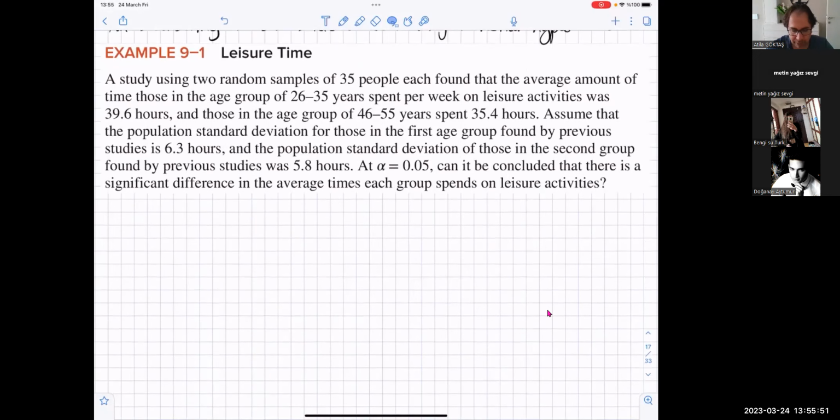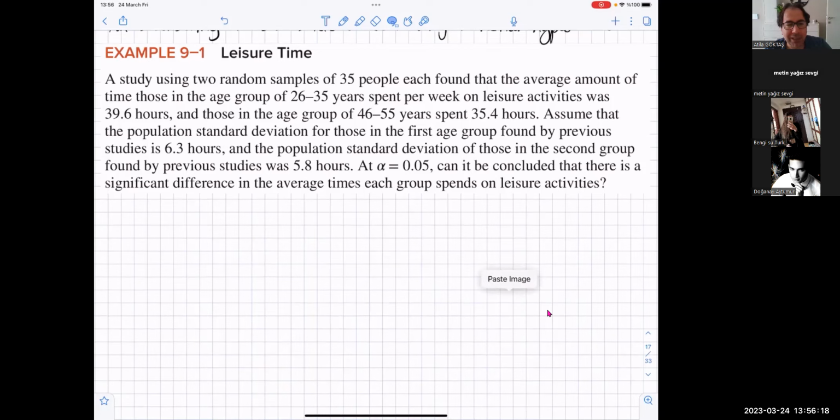This is the example. Let's read the example. A study using two random samples of 35 people each found that the average amount of time those in the age group of 26 to 35 years spent per week on leisure activities was 39.6 hours, and those in the age group of 46 to 55 years spent 35.4 hours.